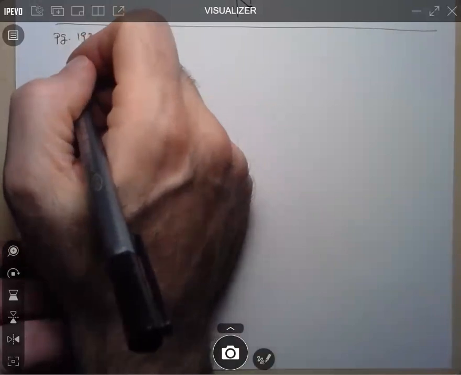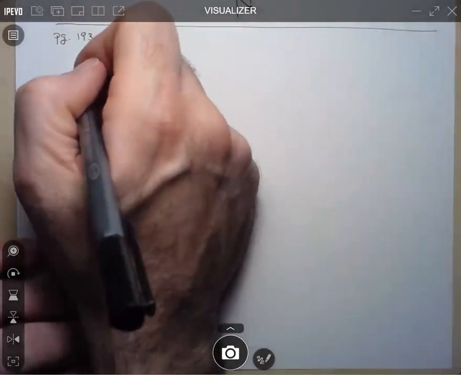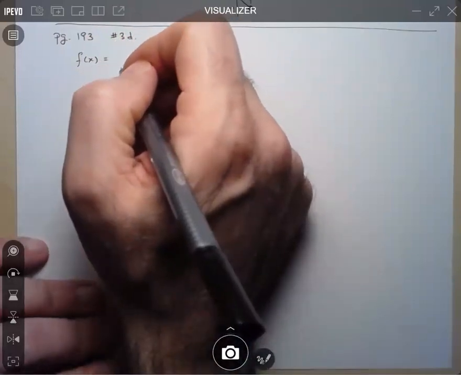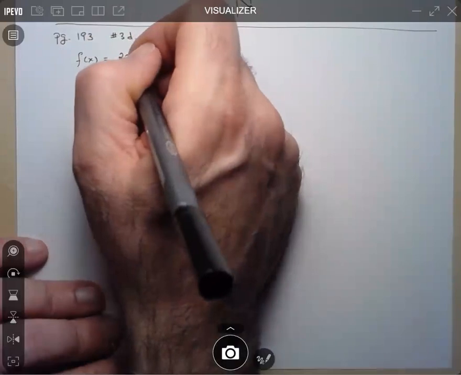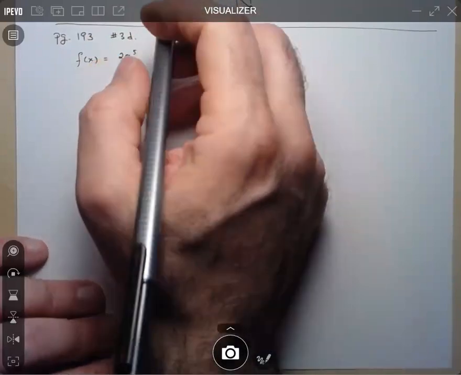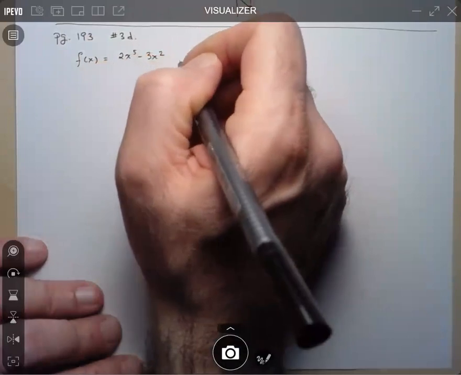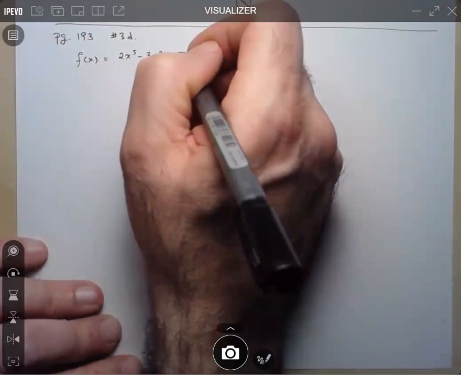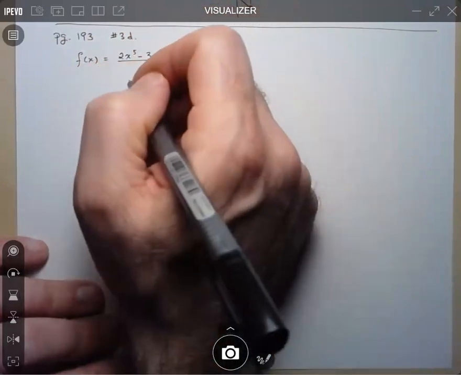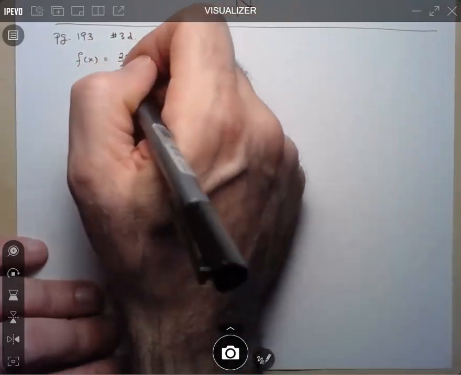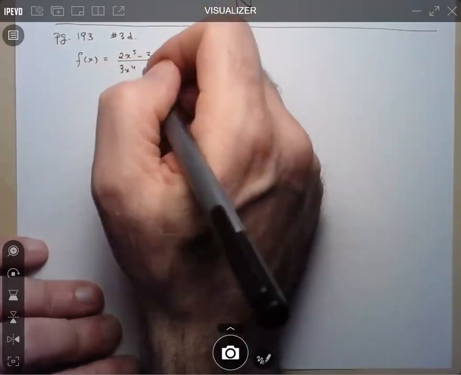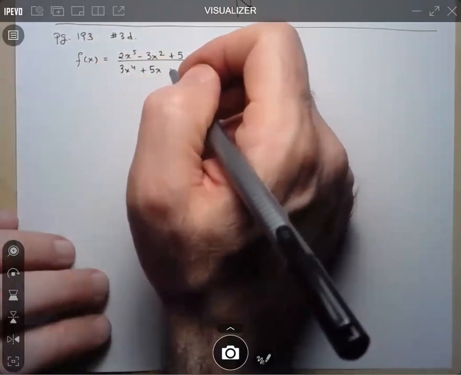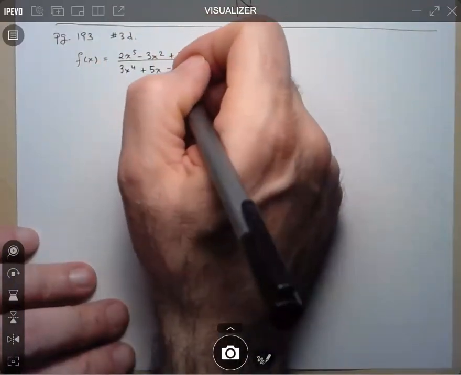Okay, so here f at x is equal to 2x to the 5th minus 3x squared plus 5 over 3x to the 4th plus 5x minus 4.